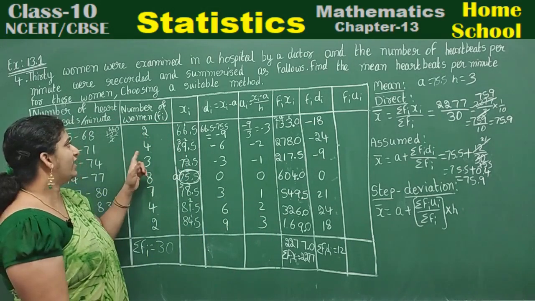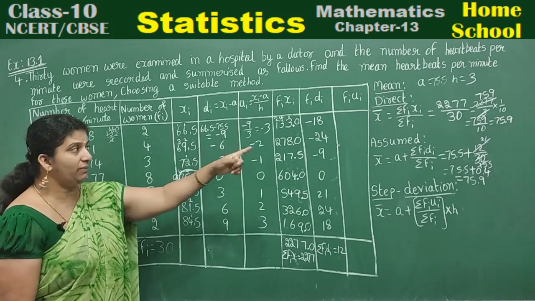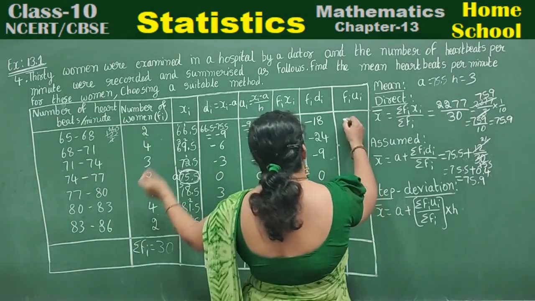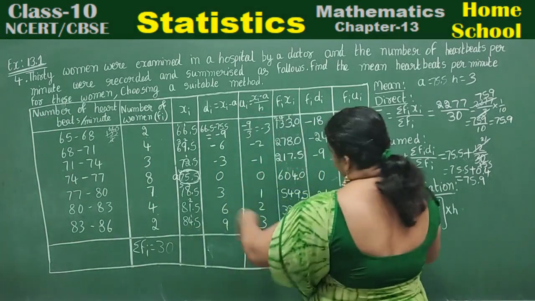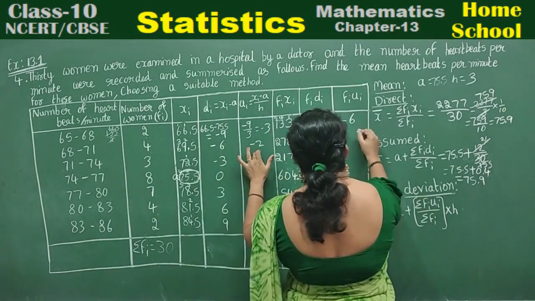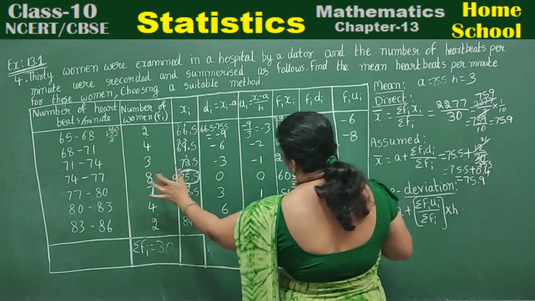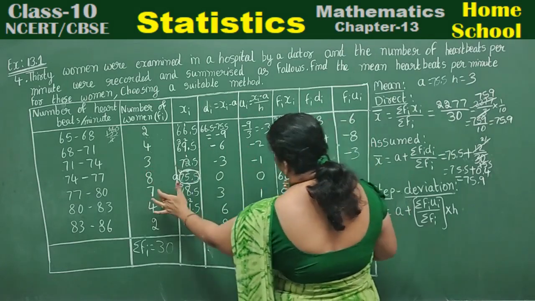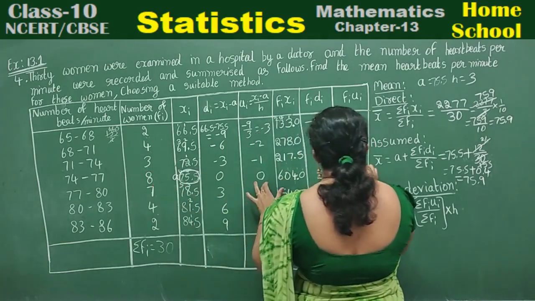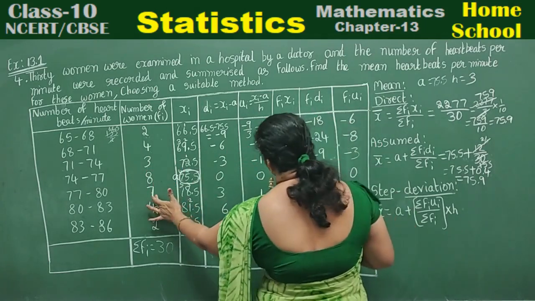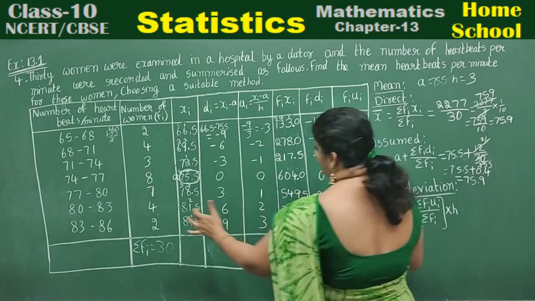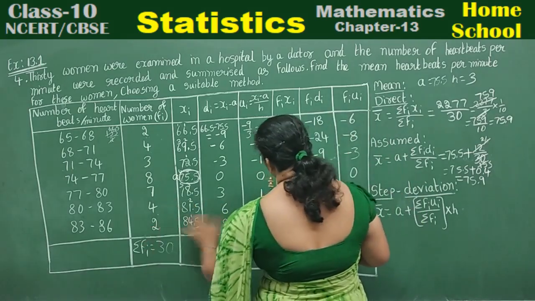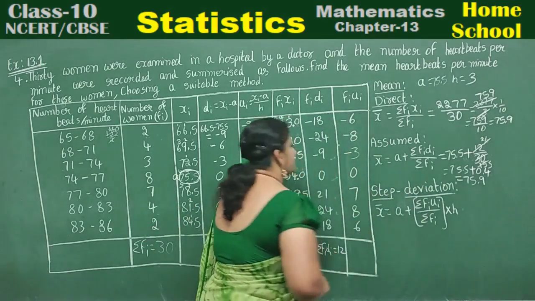Okay, Fi, Ui. Multiply and write in the last column. 2 into minus 3, minus 6. 4 into minus 2, minus 8. 3 into minus 1, minus 3. 8 into 0, 0. 7 into 1, 7. 4 into 2, 8. 2 into 3, 6.